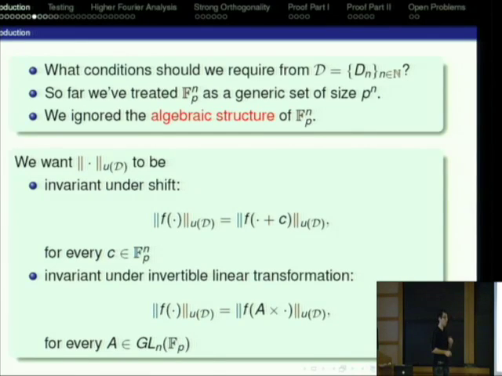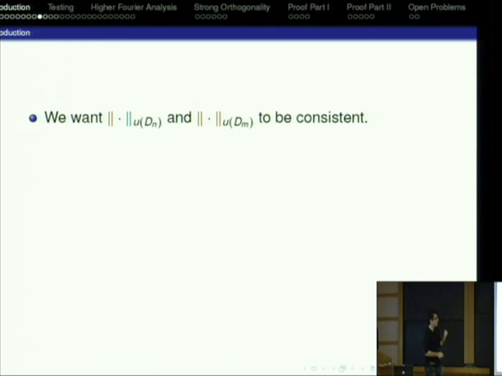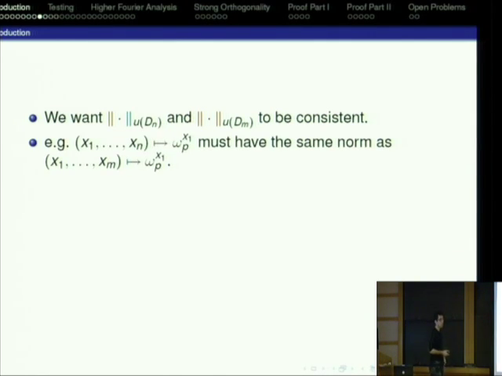The framework of invariance under affine transformation, yes. And we'll also require that these D_n and D_m be consistent. This is more of a convenient condition, which is not that crucial, but it will make our results look neater and easier to state. So what do I exactly mean by this?